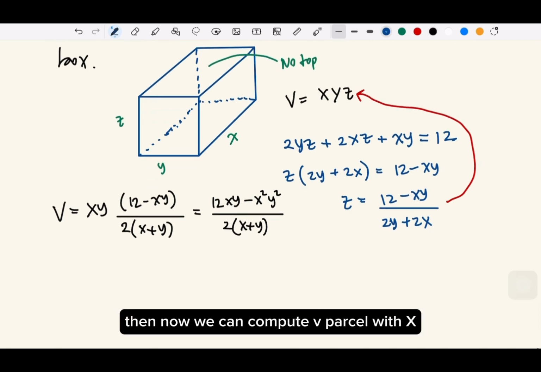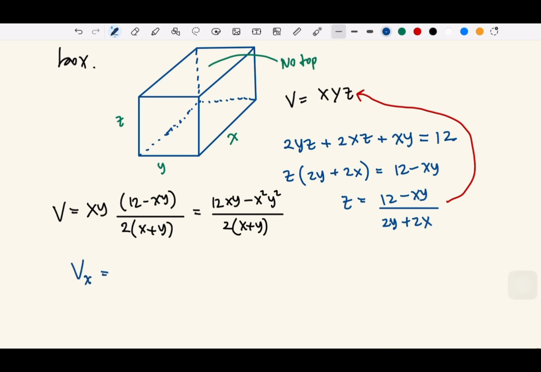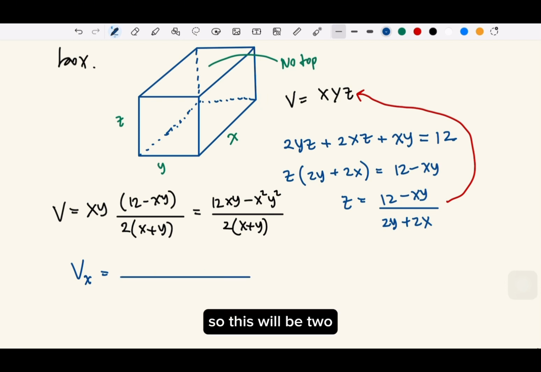Okay, now we can compute v partial with x. So this will be 2x plus y squared, okay. And on the top will be quotient rule.